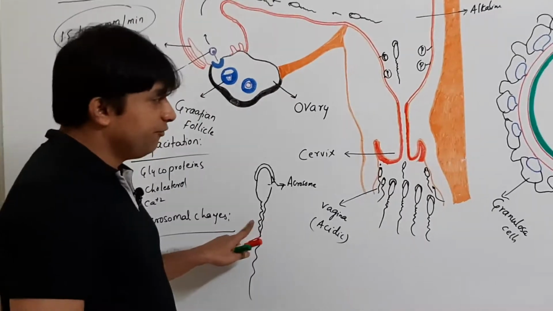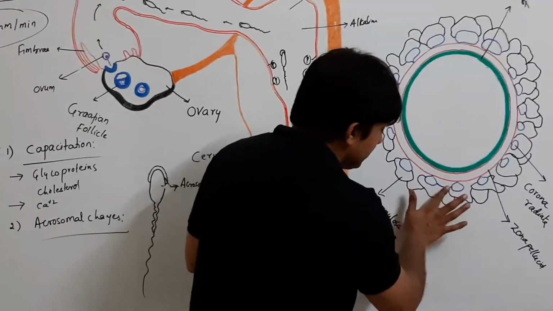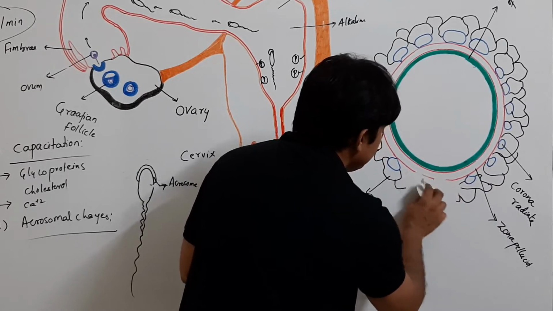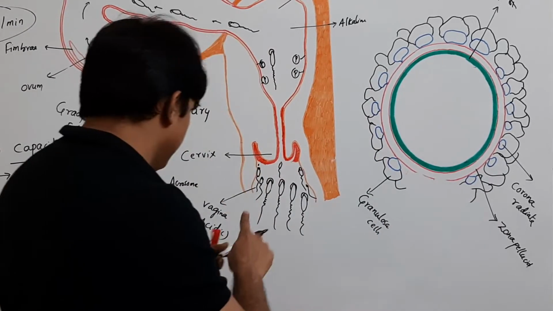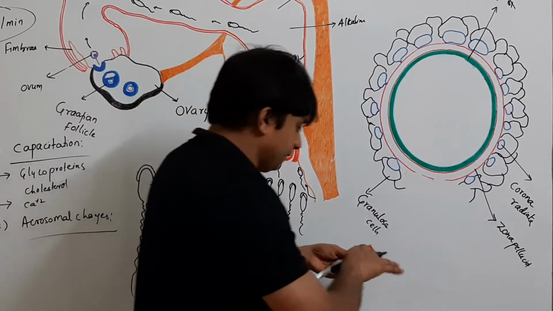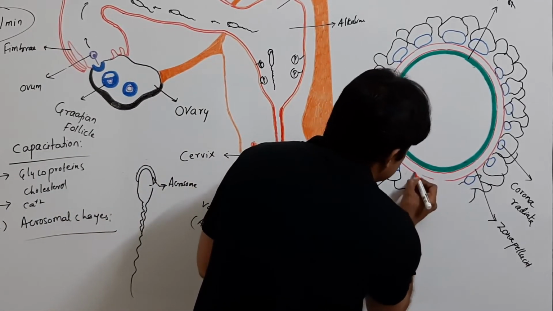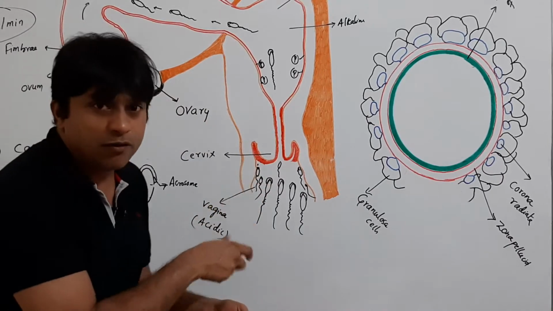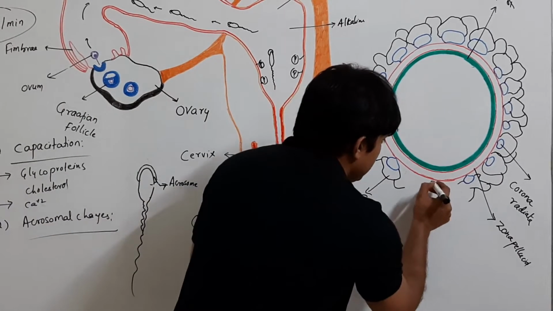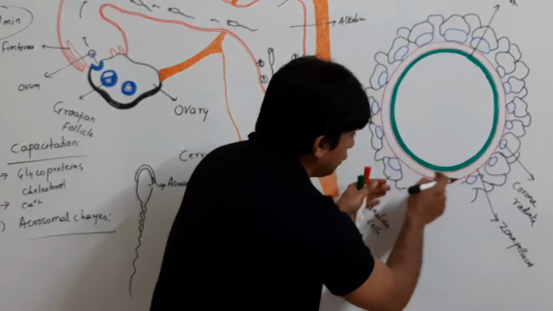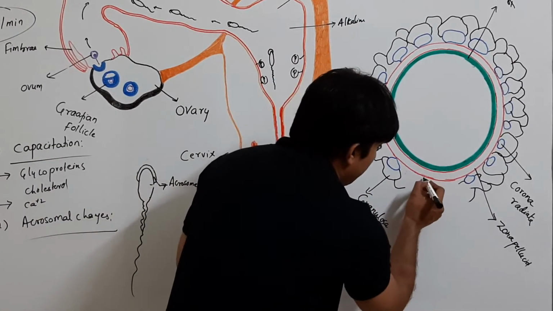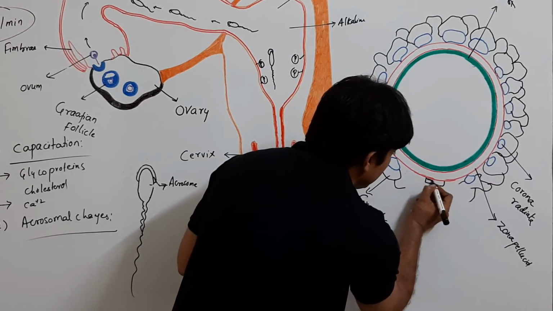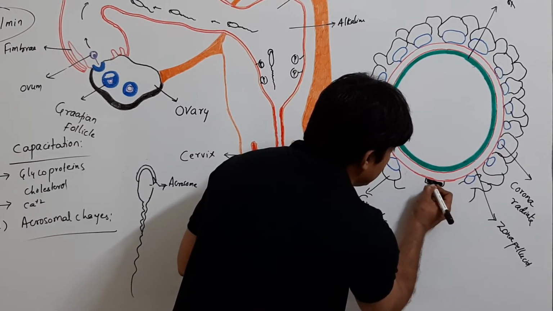Now we'll find out how exactly the sperm penetrates and reaches, and what acrosomal changes take place in the sperm. For simplicity, I'm erasing a few parts. When the sperm reaches the corona radiata and granulosa cells and touches the zona pellucida, there are specific receptors present on the zona pellucida.